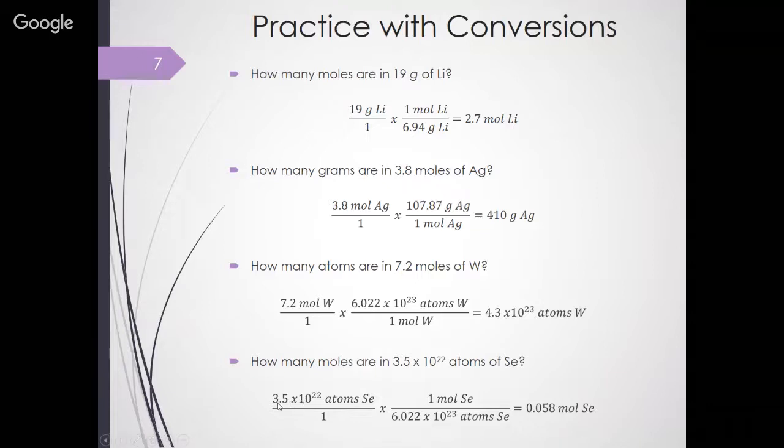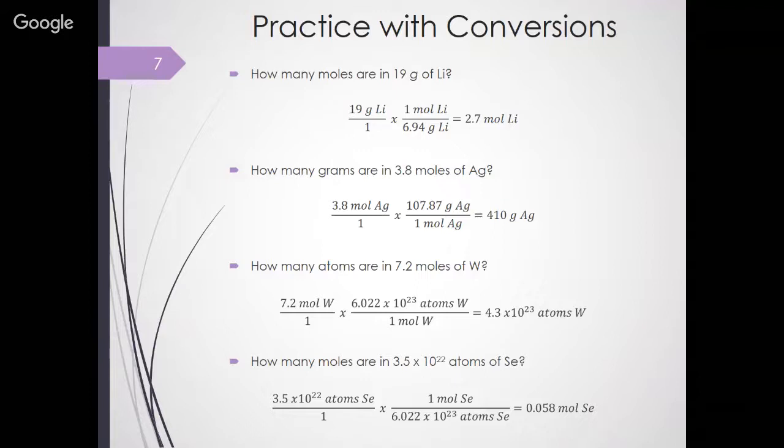Over here, I was given 3.5 times 10 to the 22. I want to find my moles, so I'm going to take my atoms, divide by Avogadro's number to get back to moles. And by doing that, I get 0.058 moles, and I have 2 sig figs since 2 sig figs were given in the problem.